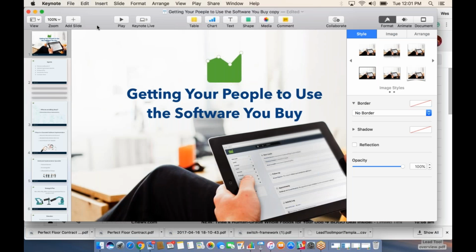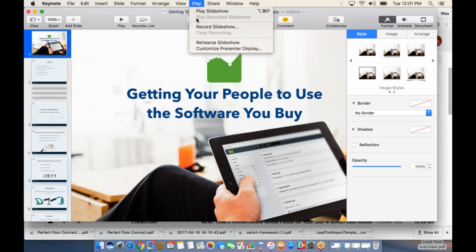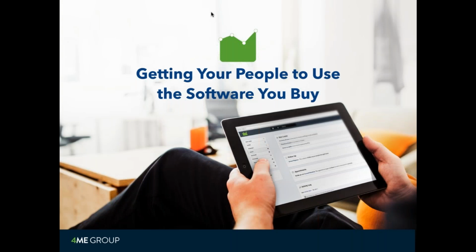I'm with For Group. I am the Vice President of Success here at For Group and with the Lead Tool. We are a CRM product, which stands for Customer Relationship Management, and it is basically a lead management or sales management tool that helps salespeople lead their prospects and manage their prospects through the sales cycle.